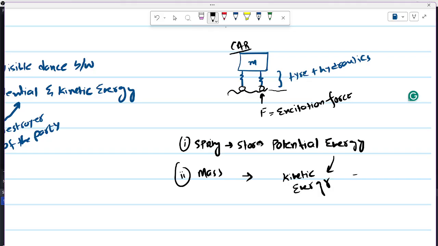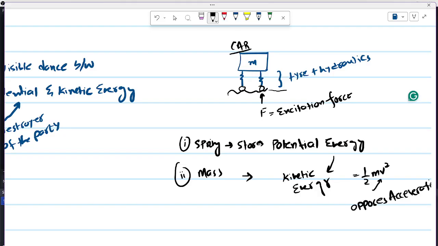Let's say kinetic energy is equal to half mv square. So this mass tries to make sure that the system keeps on moving with constant velocity. It opposes acceleration. By acceleration I mean either increase or decrease, both acceleration and deceleration.